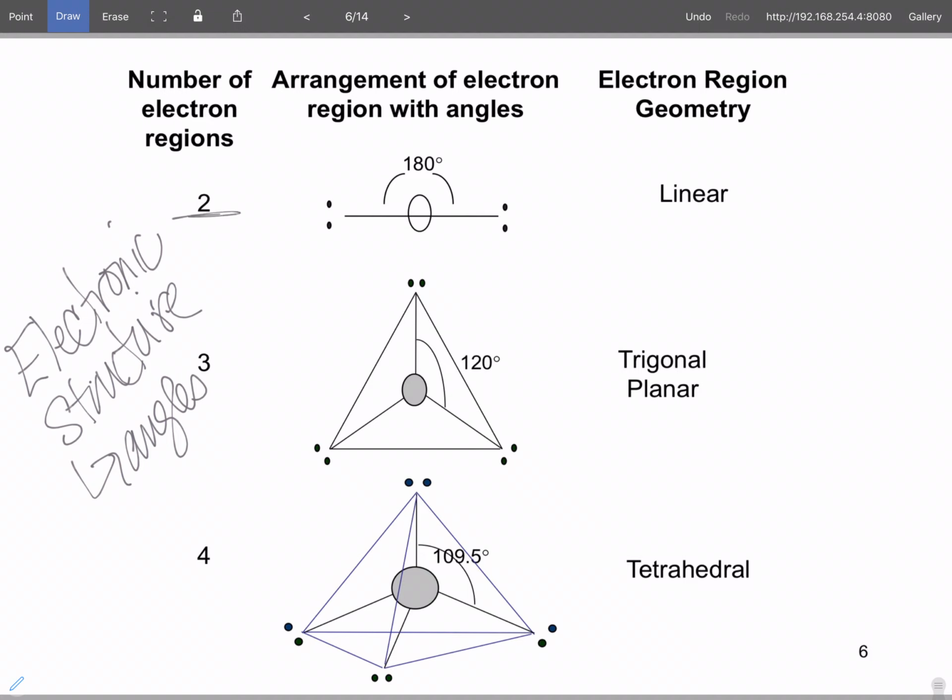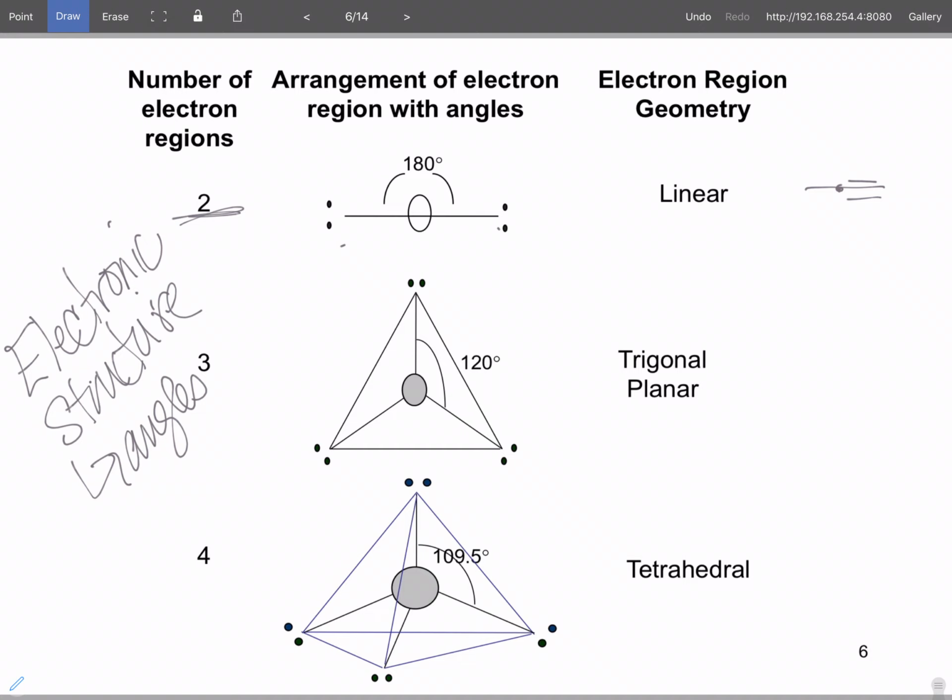So if you have only 2 electron regions, the farthest you can get from each other is 180. Now, it doesn't matter if you were to have a triple bond over here and a single bond over there. You can't move any farther apart than 180. Okay, that's not an option.